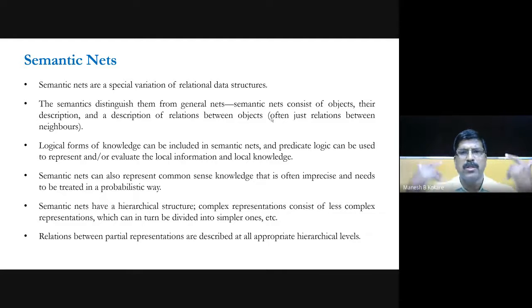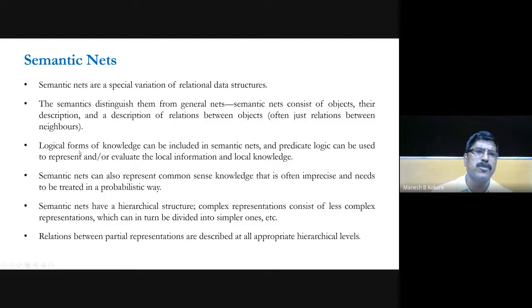You can establish the relations between all those objects within the face. If you consider the face as a complete scene or complete object, within that object you have several objects, and you establish the relations between them, which can be represented as a semantic net, a graphical representation or a relational data structure.